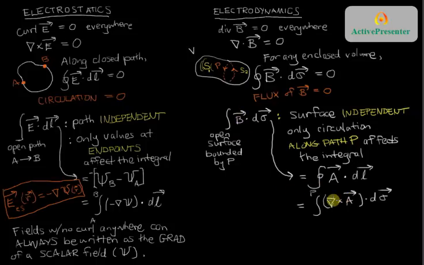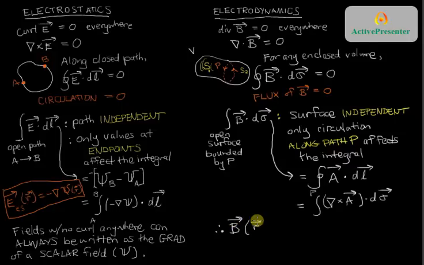One is B dot d sigma, one is curl of A dot d sigma. Parallel reasoning with over here says that these integrands must be equal. So therefore, a field with no divergence anywhere, like B, must always be able to be written as the curl of a vector field. This time I won't write that out in English, I've just said it.